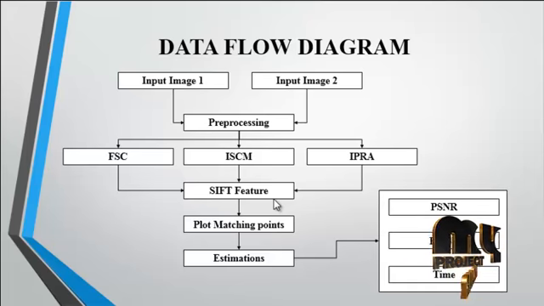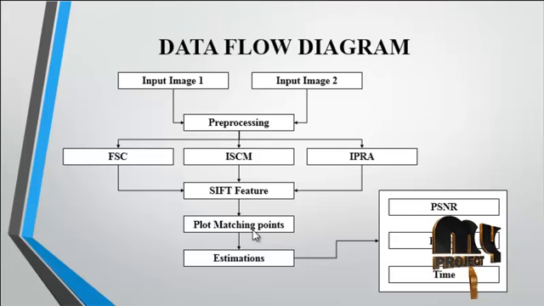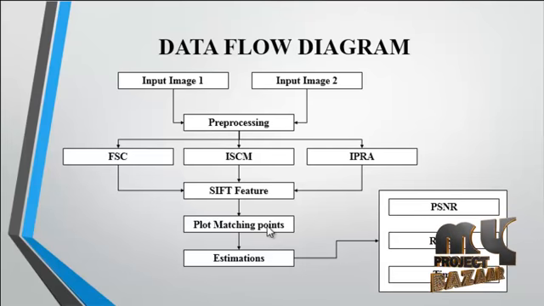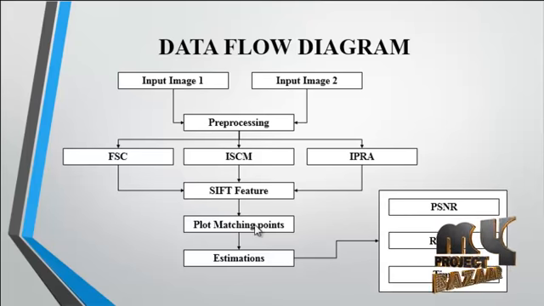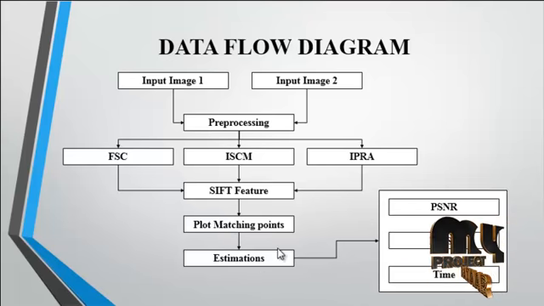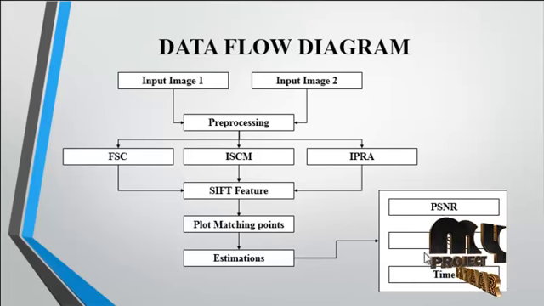Then after collecting the data from the image, the matching points are plotted. The feature points extracted from the images are plotted as a boundary. Then the estimation is carried out. In the estimation, we have considered three major things.